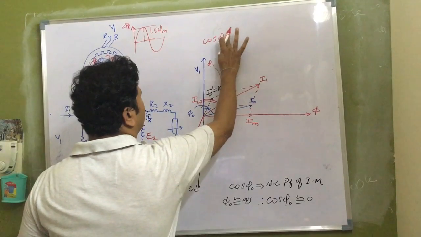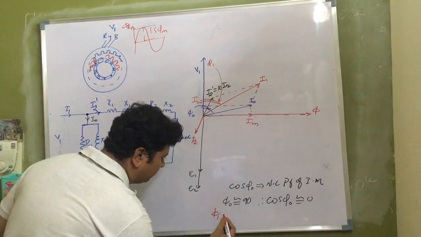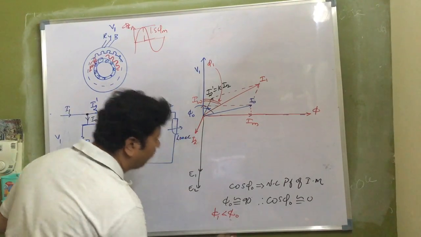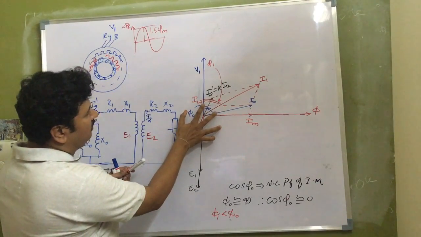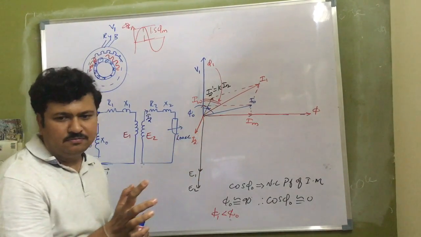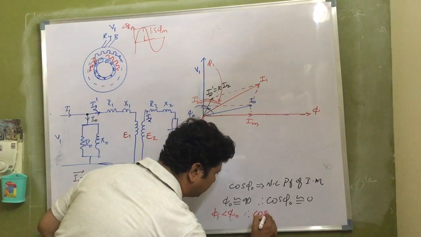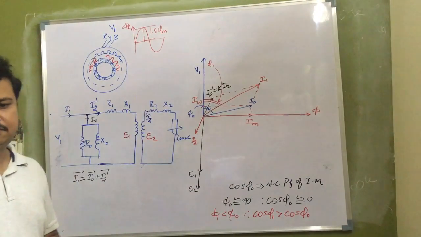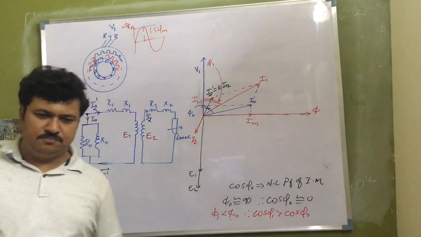I can write phi 1 is lesser than phi 0. Is it lesser? See, this is the angle between V1 and I0, which is phi 0. This is the angle between V1 and I1, which is phi 1, lesser than phi 0. So phi 1 is lesser than phi 0. Therefore, cos phi 1 is greater than cos phi 0. I have put some load, so power factor has increased from the no load power factor.